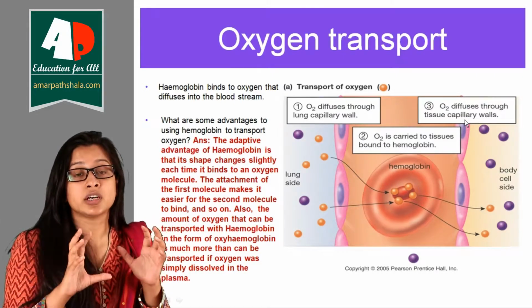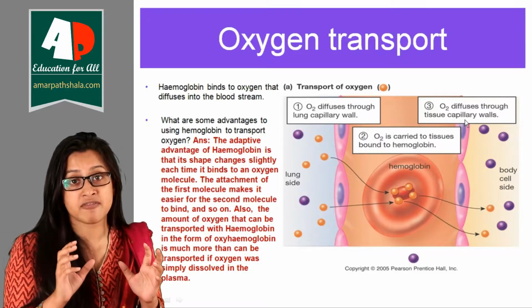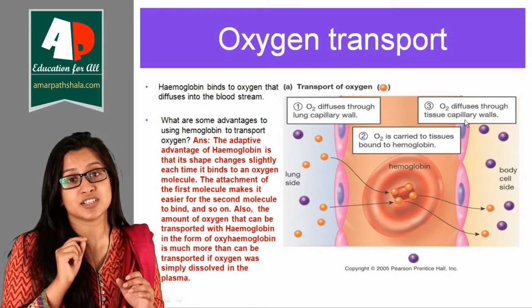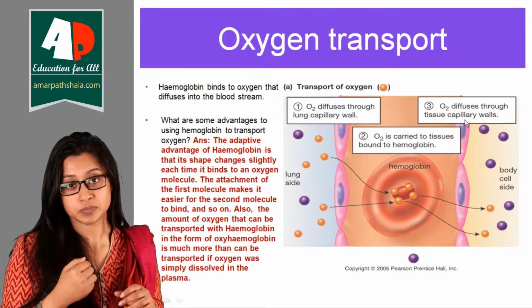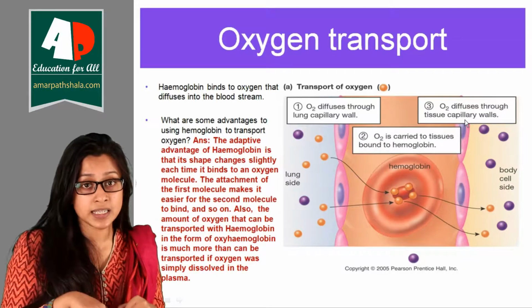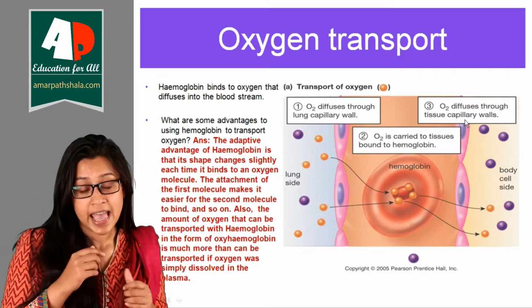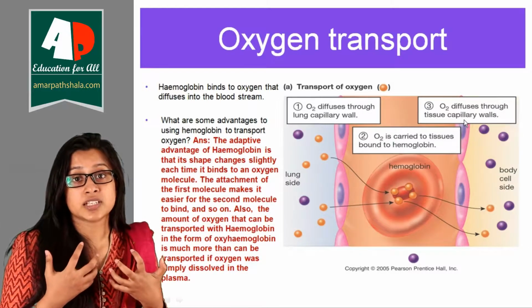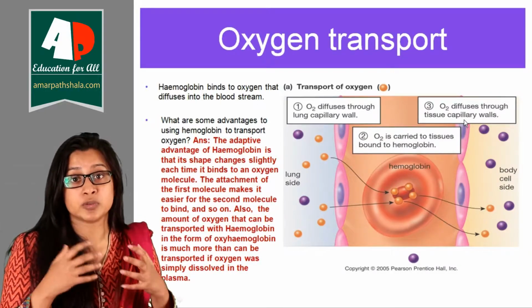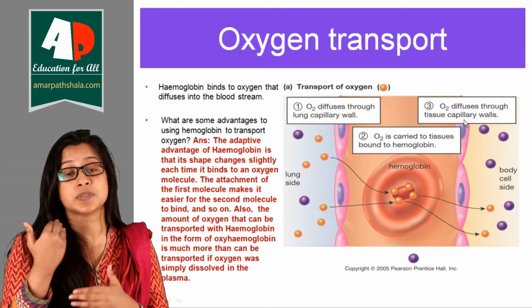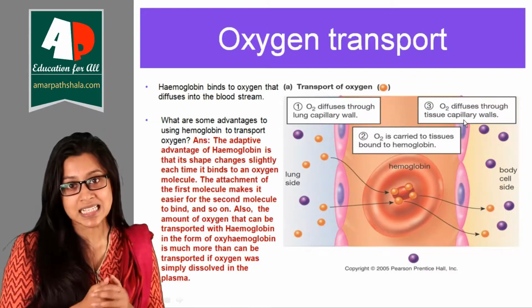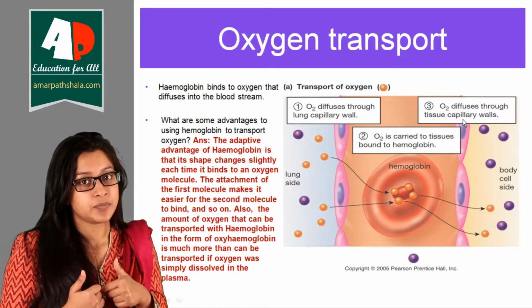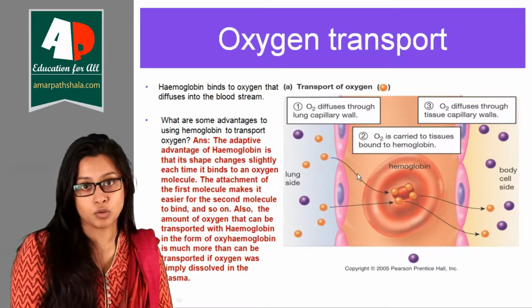From the oxygen-rich environmental air, oxygen then seeps into the capillary walls, and carbon dioxide, which is rich in the blood capillaries, then seeps out of those capillary walls and into the alveolar wall. And when oxygen gets in, it is bound with hemoglobin.